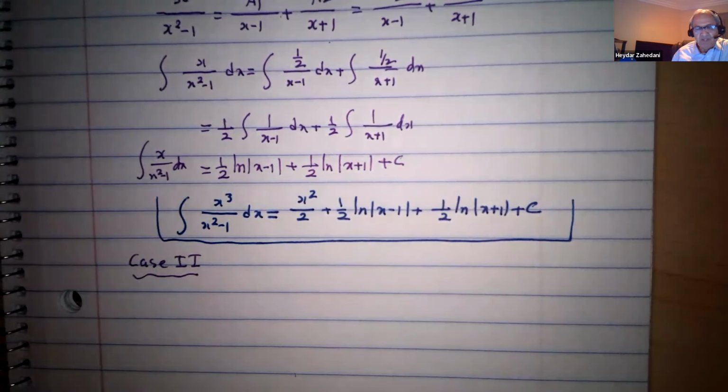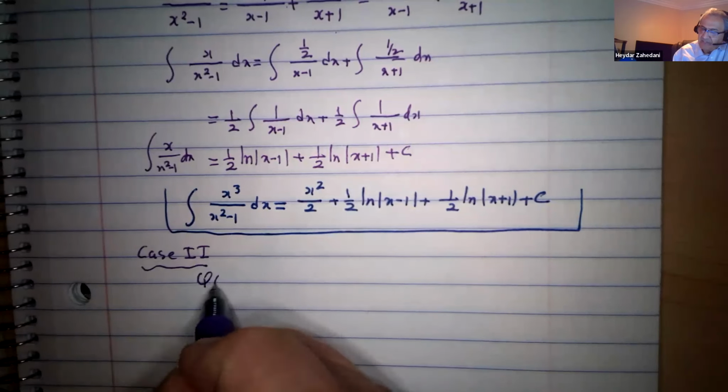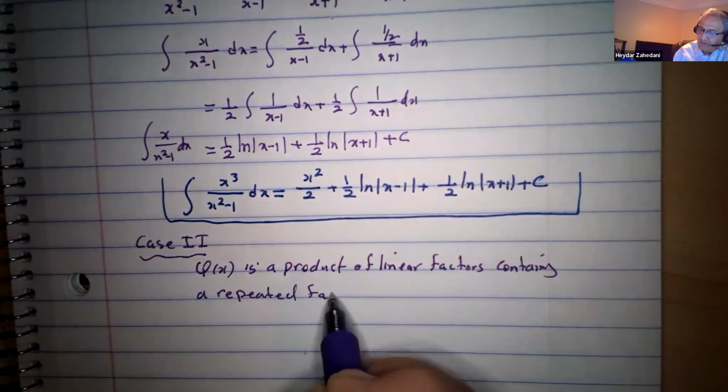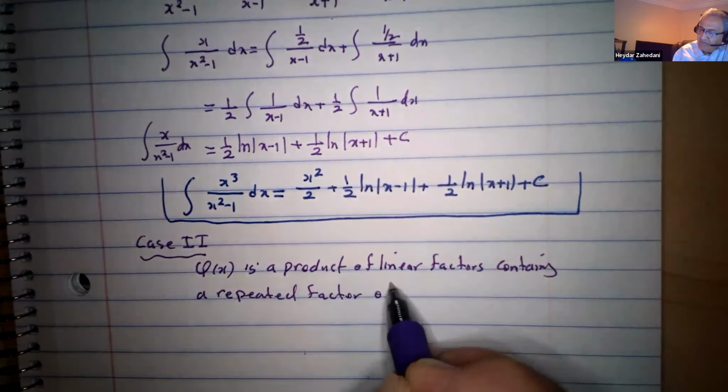So the case 2 is going to be q of x. Q of x is a product, again, of linear factors, let's say containing a repeated factor of the form, call it x minus r.